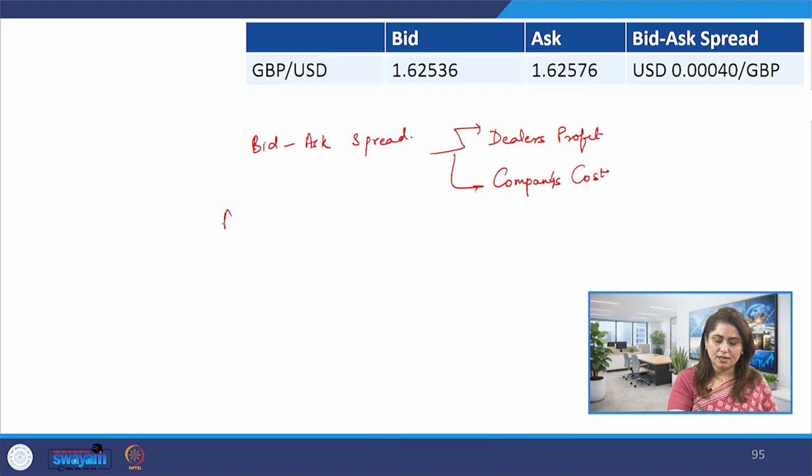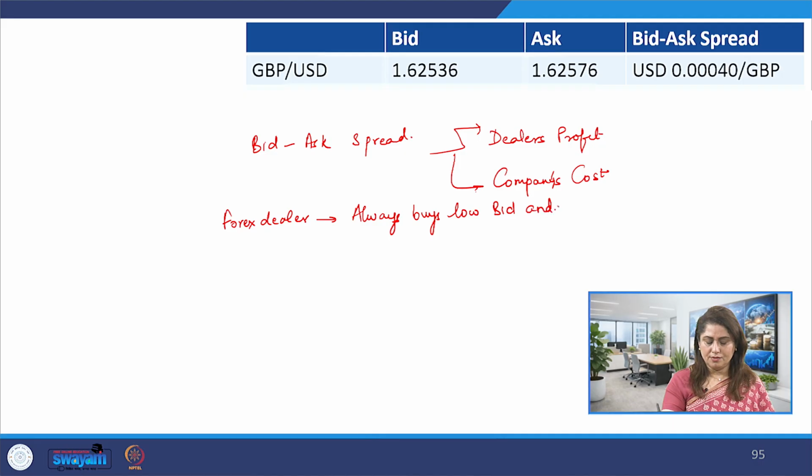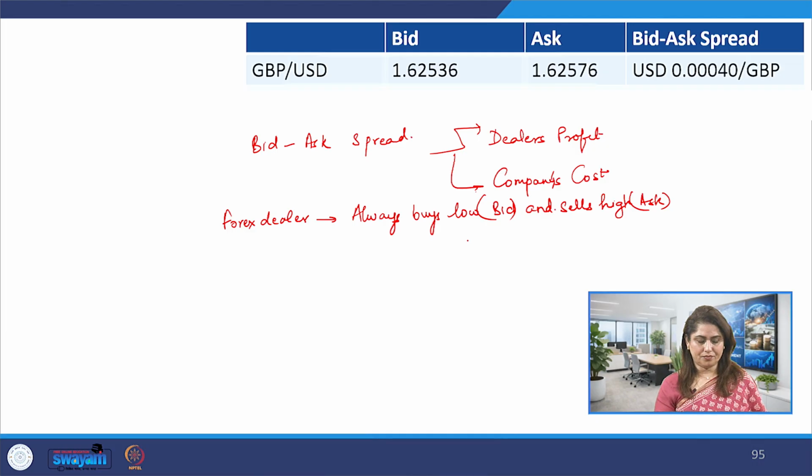Now the forex dealer always buys low at the bid and sells high at the ask.